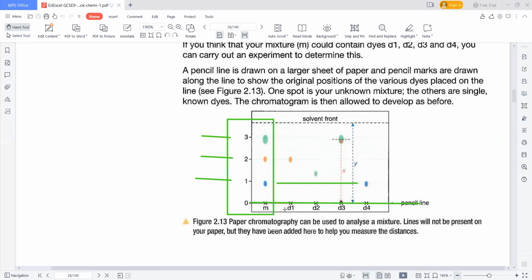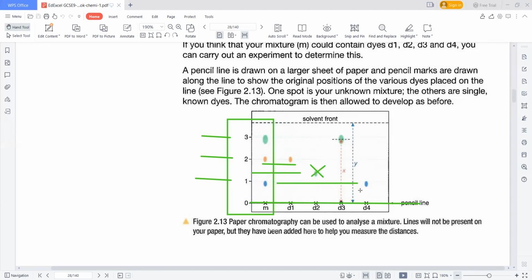Right after this, as soon as water has started traveling from the bottom, we will remove the paper from that particular water tank, or chromatographic tank. After that, if D1 contains this orange coloring, it would be separated right there. If there is no ink of this color available, then this is an extra thing that would be an impurity.